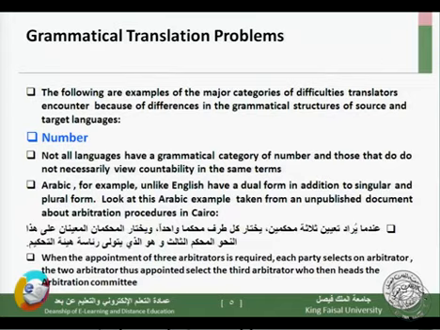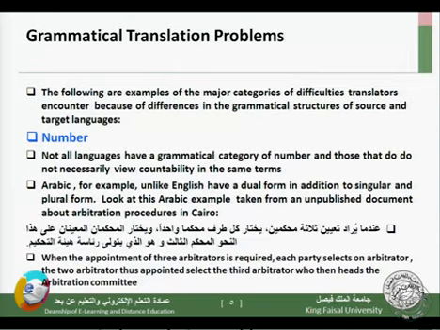When the appointment of 3 arbitrators is required, each party selects one arbitrator. The 2 arbitrators, as thus appointed, select the 3rd arbitrator, who then heads the arbitration committee.